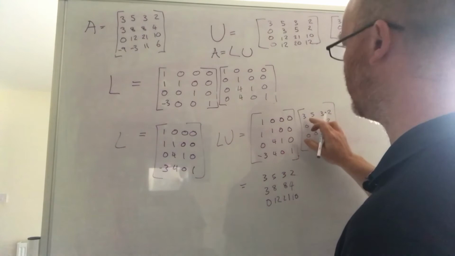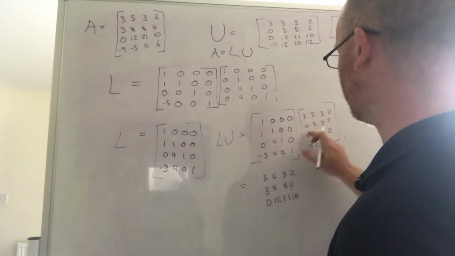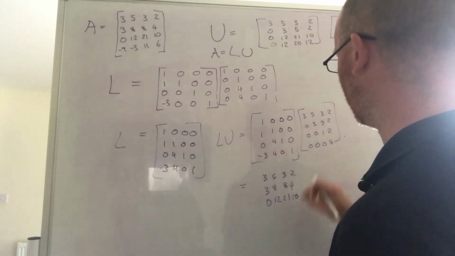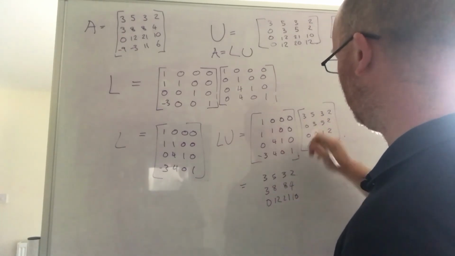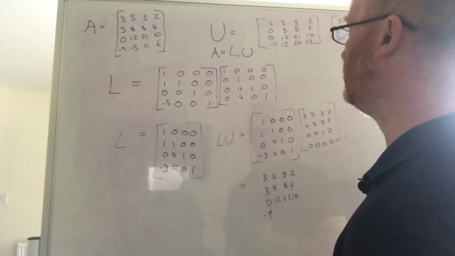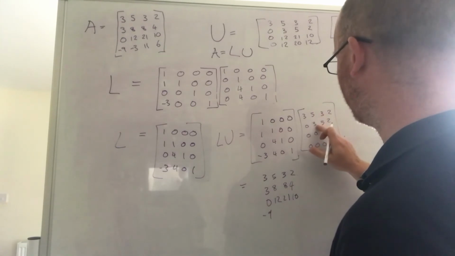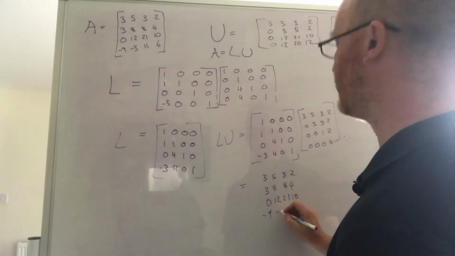And then finally we're going to have minus 3 of the first row plus 4 of the second row plus 0 of the next row plus 1 of the last one. So minus 3, it's going to give us minus 9. It's going to give us minus 15. It's going to give us minus 15 plus 12, which is going to give us minus 3. Very good.